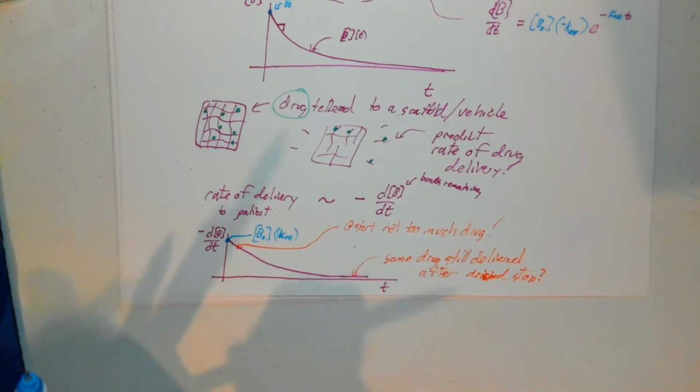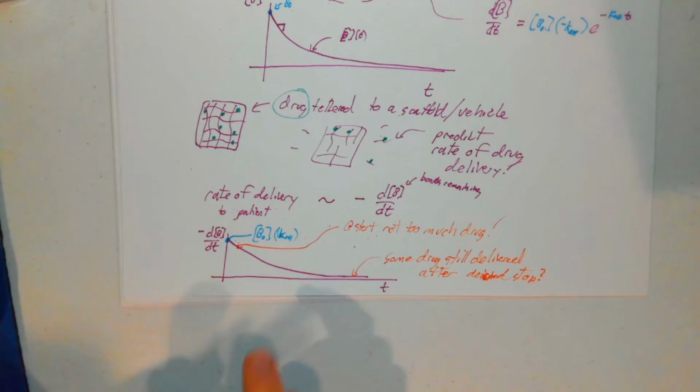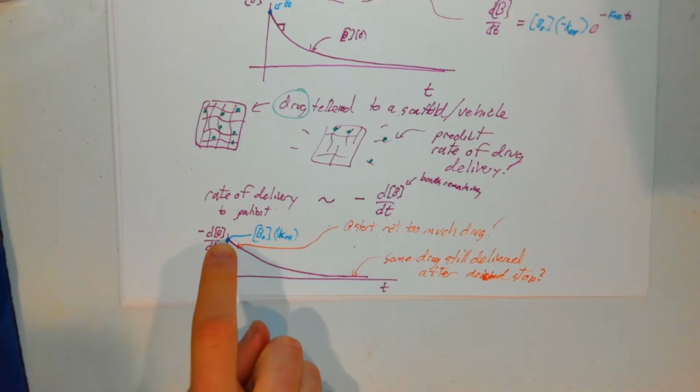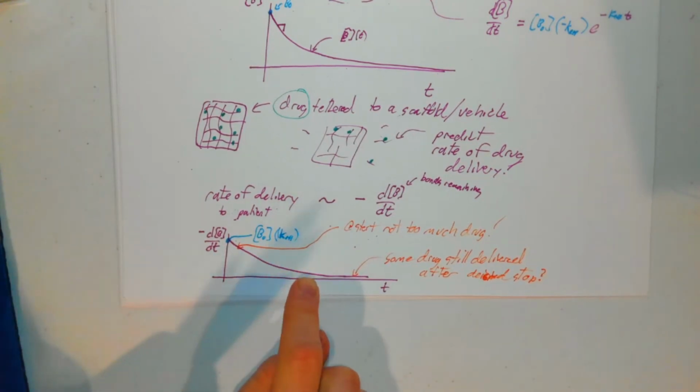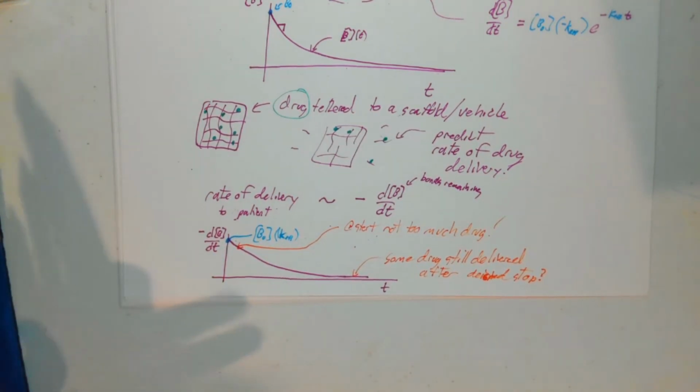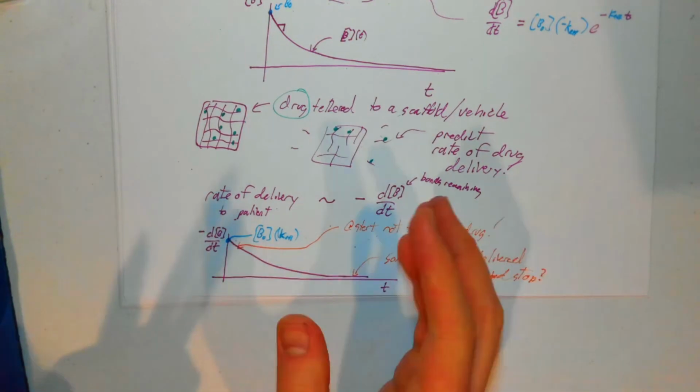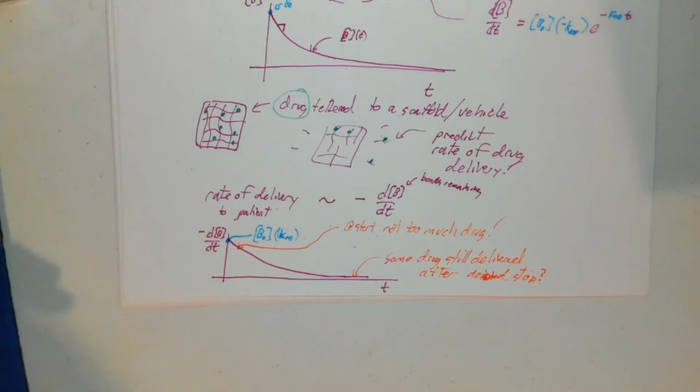So what's the idea here? Well, a lot of times we don't want to give all of our drug at the beginning, and we don't want that dose to taper off, right? Let's say I have a headache and I want to take some ibuprofen or something like that for my headache.